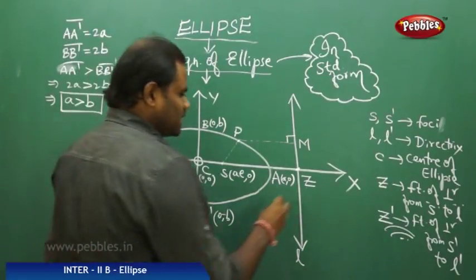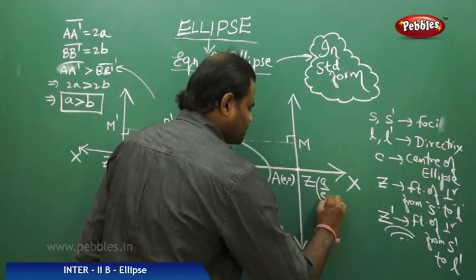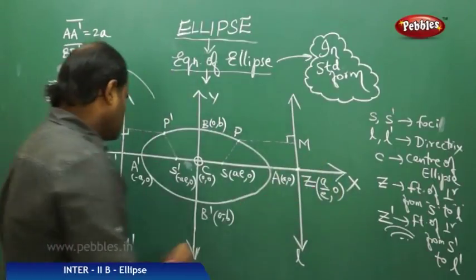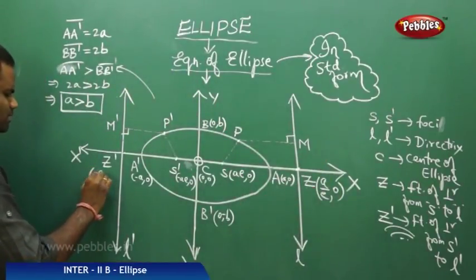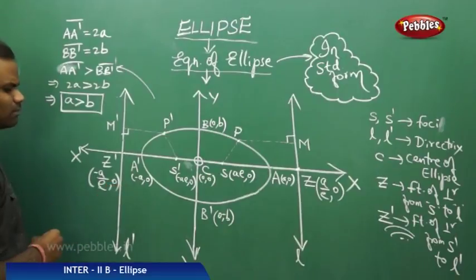So the coordinates of Z are given to be (a by e, 0), and the coordinates of Z dash are given to be (minus a by e, 0).